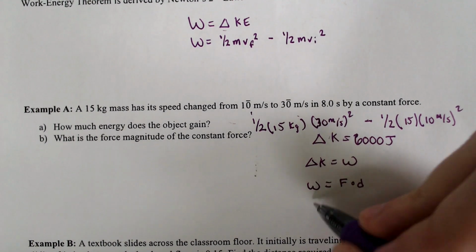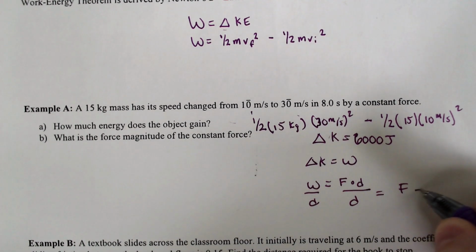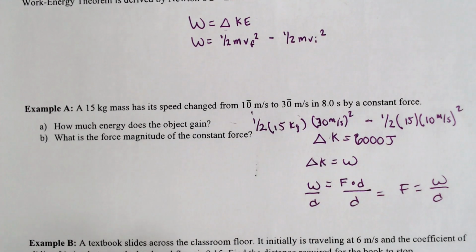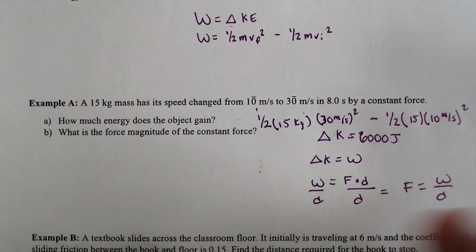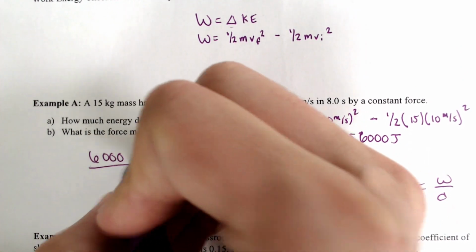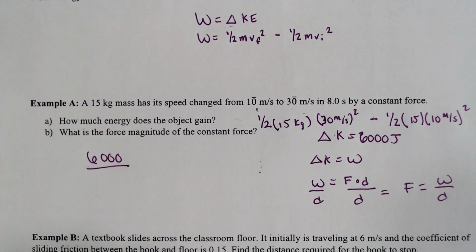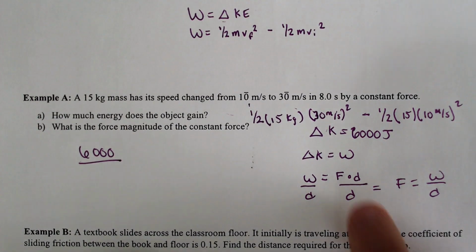If we solve for force, we would be dividing by D, and we would get our force is equal to W over D. Now, if we know that the work is 6,000, we just have to do 6,000 divided by the distance. So what is said distance?